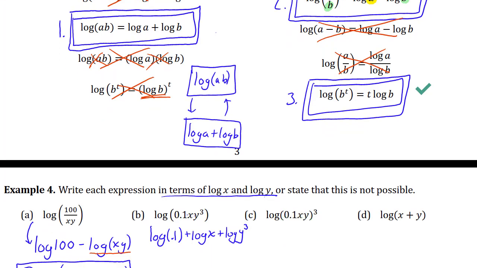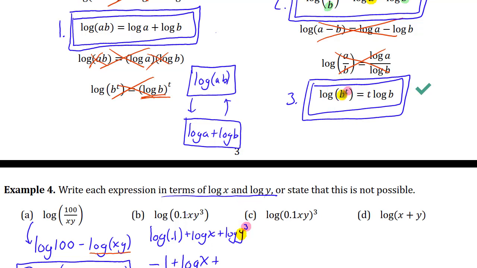So then these things we can simplify individually. Log of 0.1, that's the exponent of 10 that results in 0.1. The exponent of 10 that results in 0.1 is negative 1. So that is negative 1. We have log of x, that's already simplified enough. And then now, this log of y cubed, now the thing inside the logarithm is just something to a power.